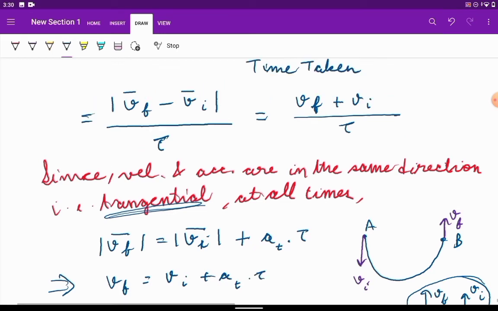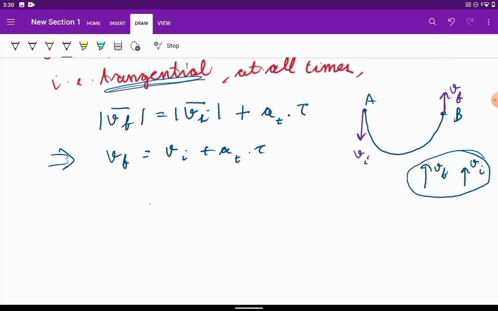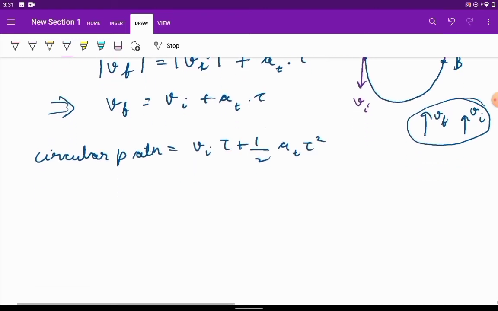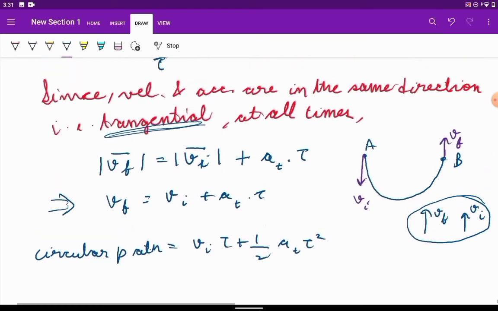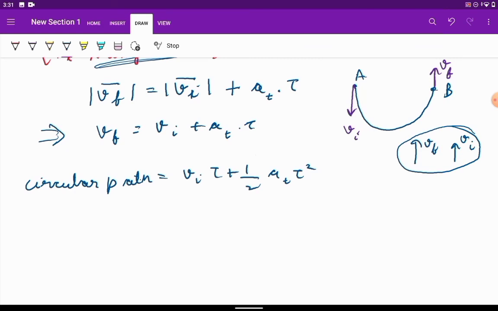Also we know that along this circular path, the distance is equal to Vi tau plus half AT tau square, because of this relation, velocity and acceleration are aligned at all times.